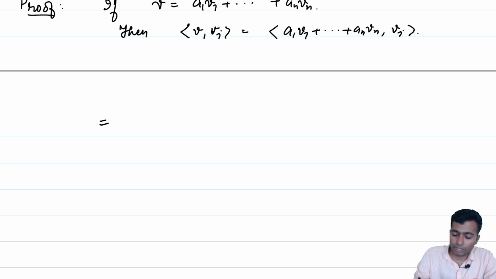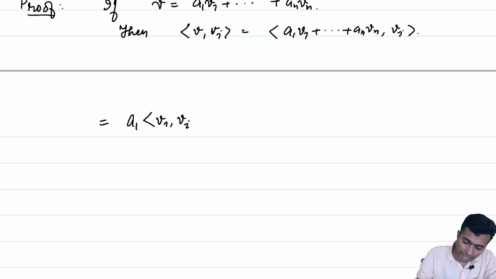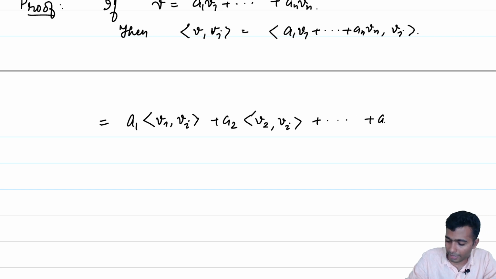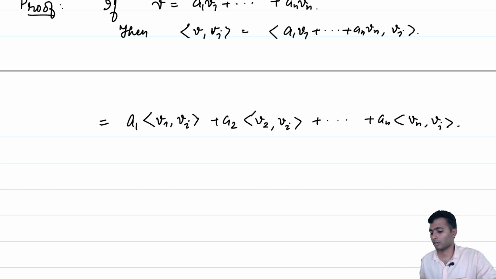But what is this? This is equal to A1 times the inner product of V1 with Vi plus A2 times the inner product of V2 with Vi plus up to An times the inner product of Vn with Vi. But again, beta is an orthonormal basis, so the inner product of Vi with Vj is 0 if i is not equal to j.